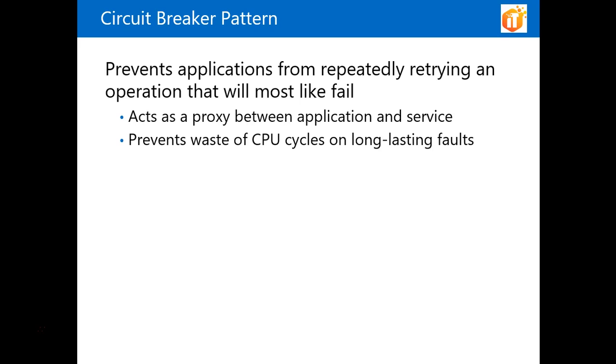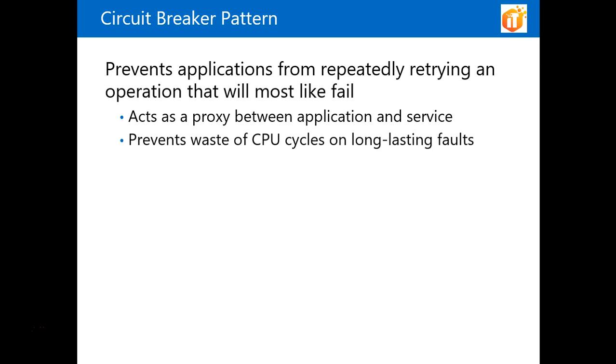In a distributed environment, calls to remote resources and services can fail due to transient faults such as slow network connections, timeouts, or the resource being overcommitted or temporarily unavailable. These faults typically correct themselves over a short period of time, and a robust cloud application should be prepared to handle them by using a strategy such as the retry pattern.